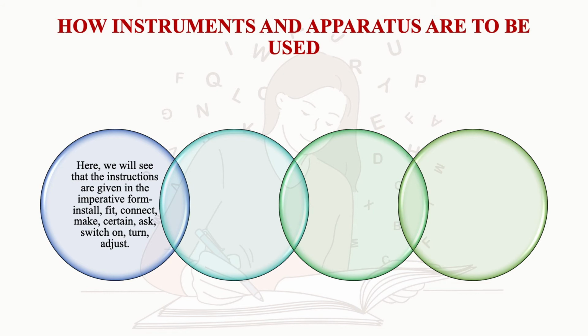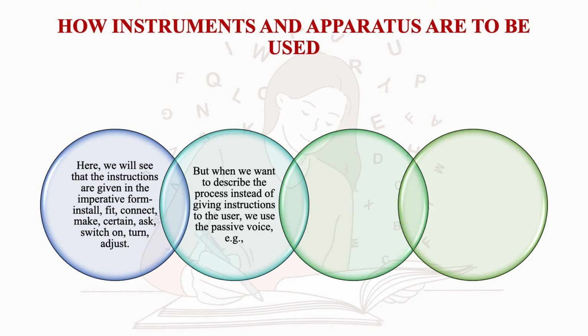But when we want to describe the process, instead of giving instructions to the users, we use the passive voice. Example: for imperative, we say install the antenna firmly. But for passive voice, we write the antenna is installed firmly.